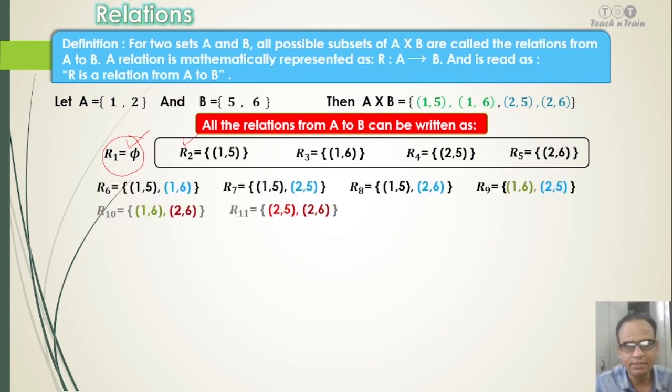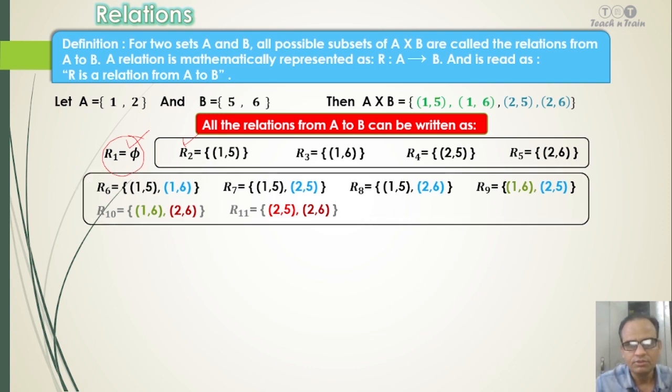After writing singleton sets as subsets of A cross B, I'm going to write the subsets of A cross B which contain 2 elements only. And I can generate these sets with the help of the A cross B set.